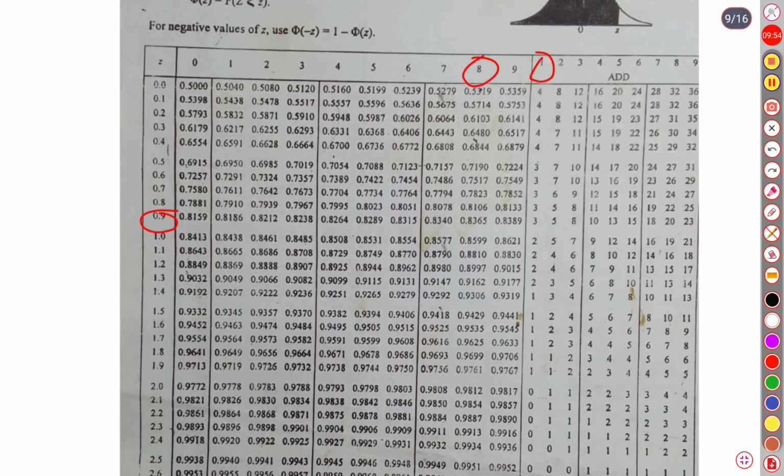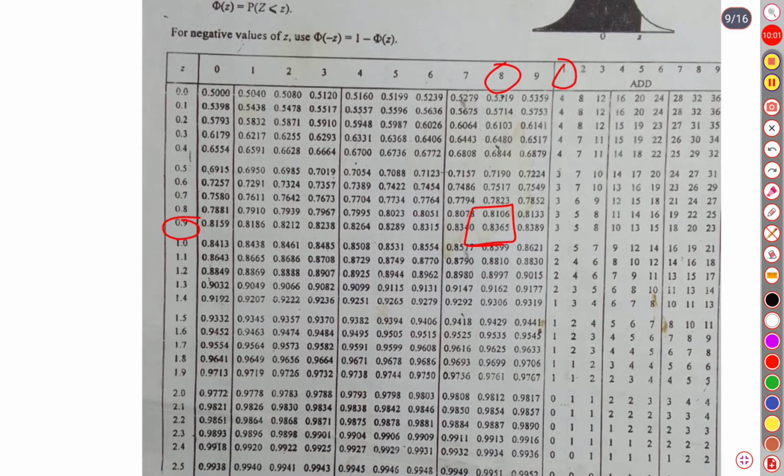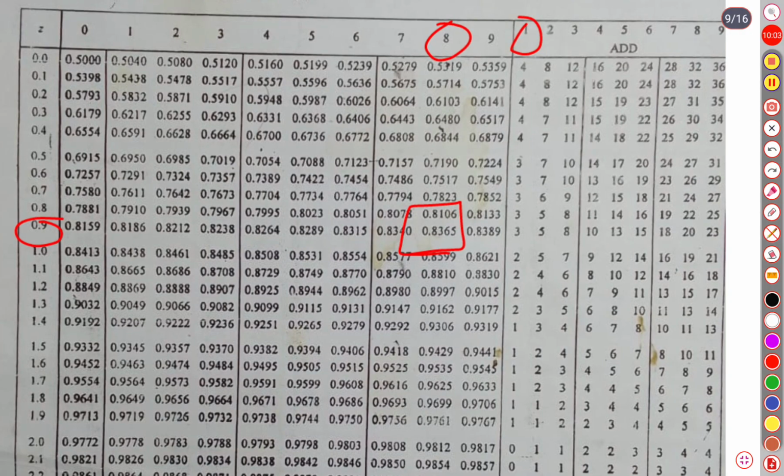First of all, this one is the probability. How much is this? This is 0.8365, to which we will add this 3.